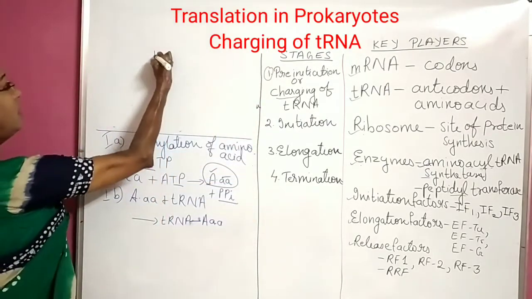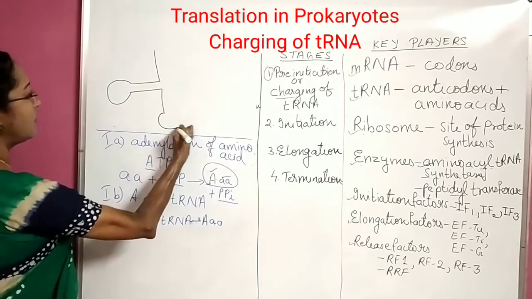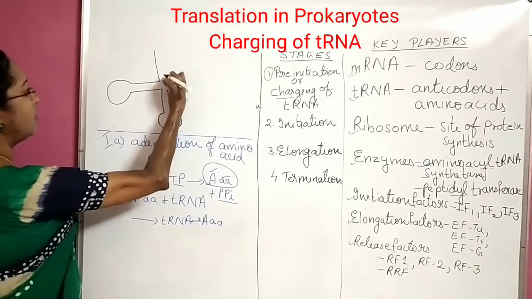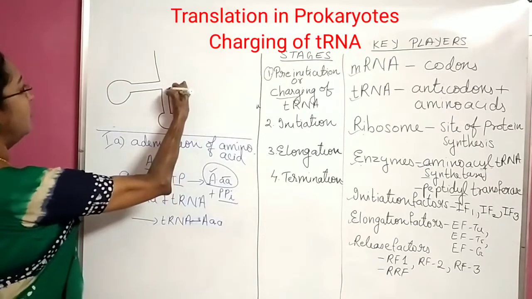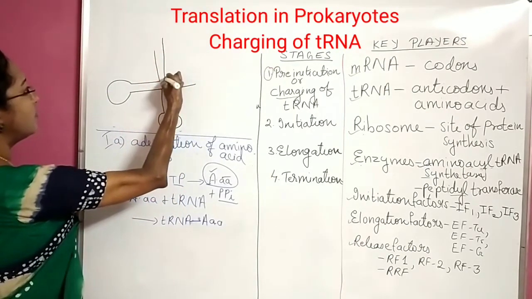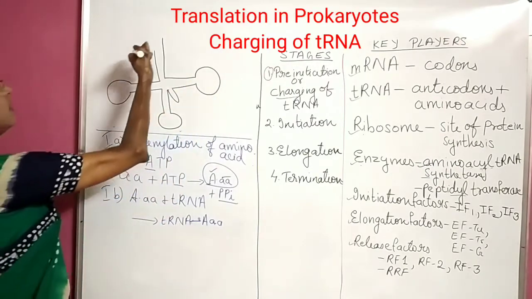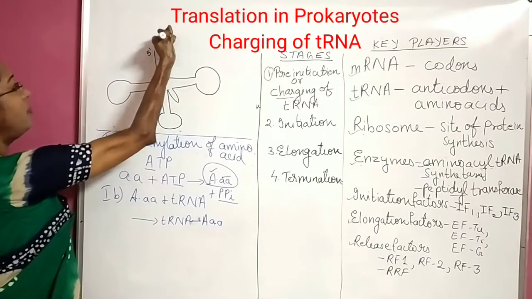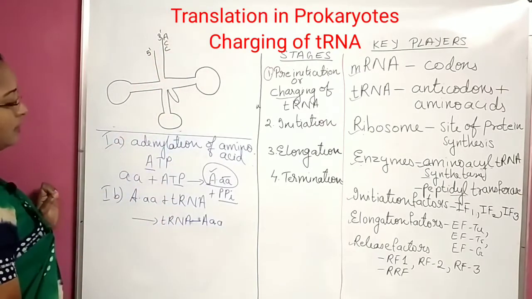This is the tRNA molecule. Okay, and it is having a 5' end here. 3' arm is a bit longer than 5' end.